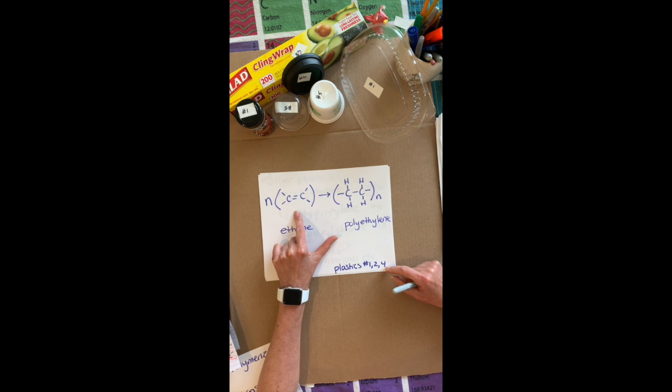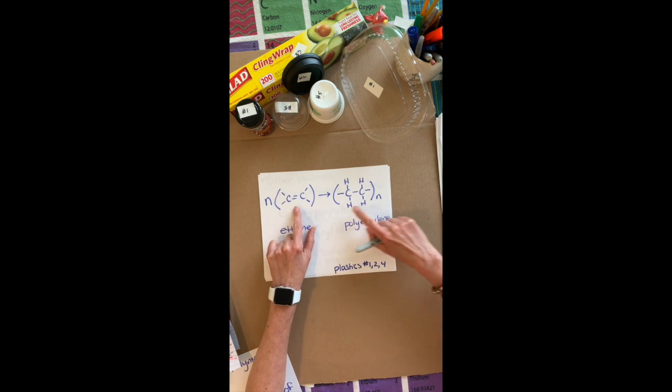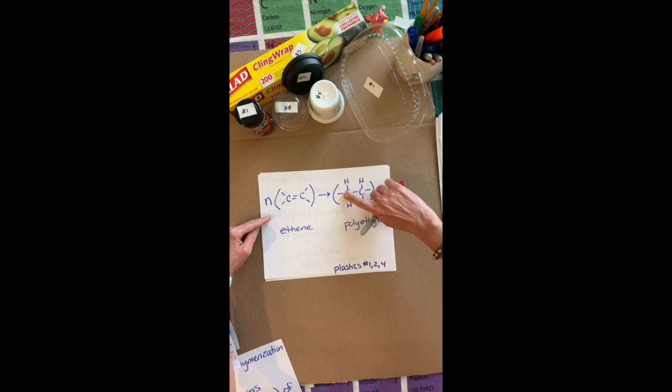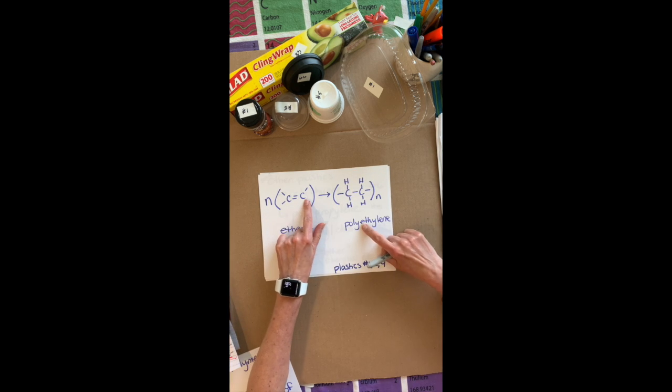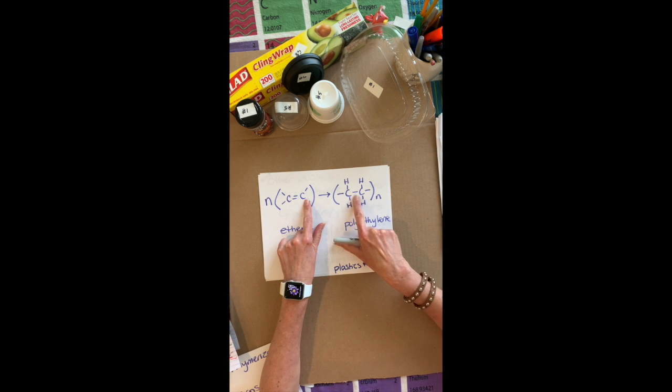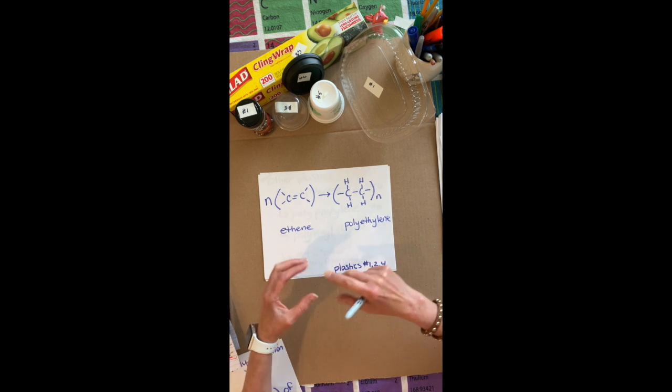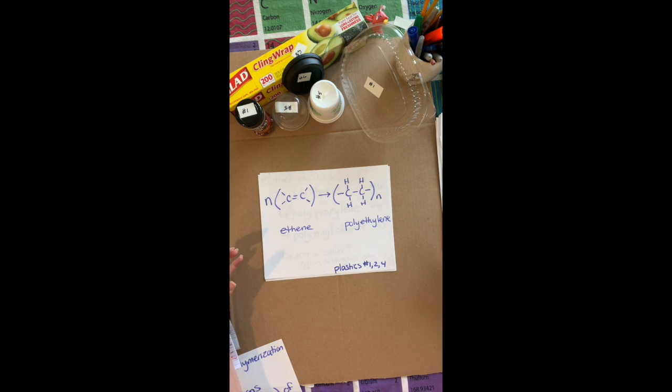So it's an addition reaction. In the addition of two or more ethenes together, you create a single bond in that carbon, and this bond is going to be to another carbon. It's going to be a huge carbon backbone.